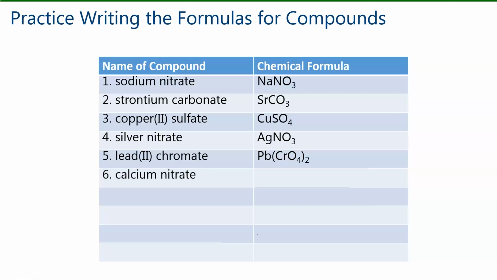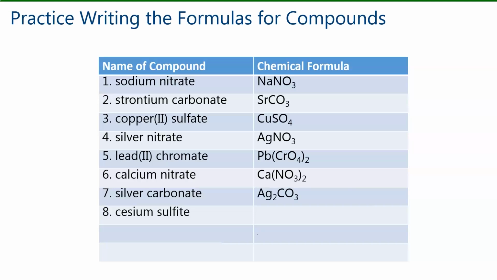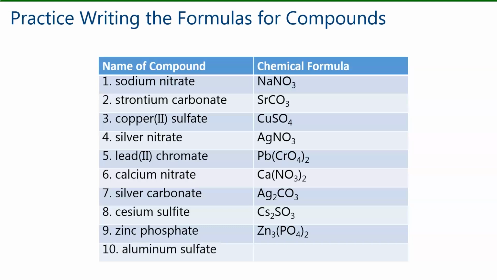Next, we have calcium nitrate, Ca(NO3)2, silver carbonate, Ag2CO3, cesium sulfite, Cs2SO3, zinc phosphate, Zn3(PO4)2, and aluminum sulfate. Al2 in brackets, we have SO4 with a subscript of 3.